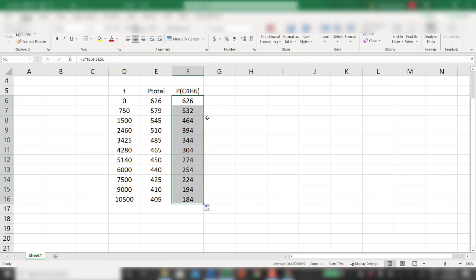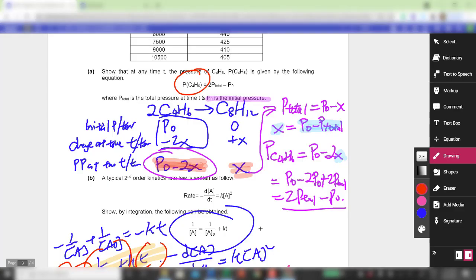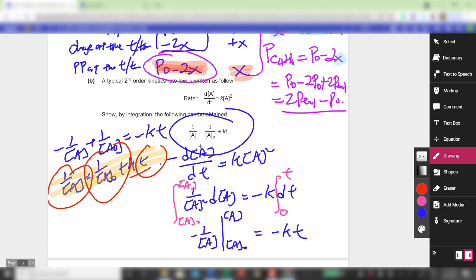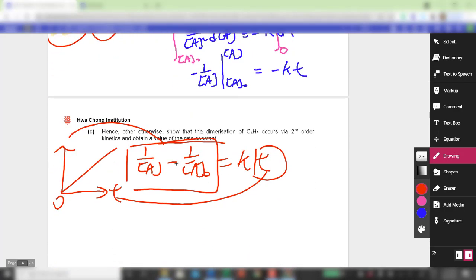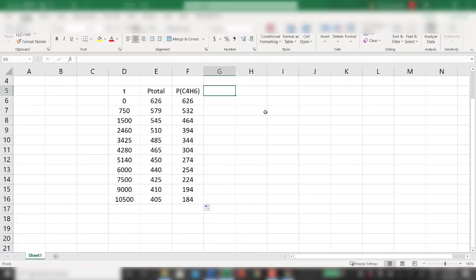Okay, beautiful. And then the next thing I'm going to do is calculate the reciprocal of the partial pressure of C4H6. You'll be wondering why I do that. Because remember, I'm supposed to plot the reciprocal, minus 1 over P naught, against time. So I'm just going to paste this over.